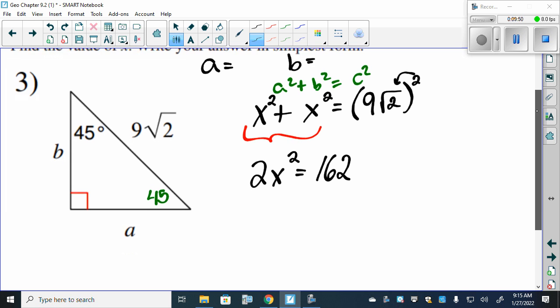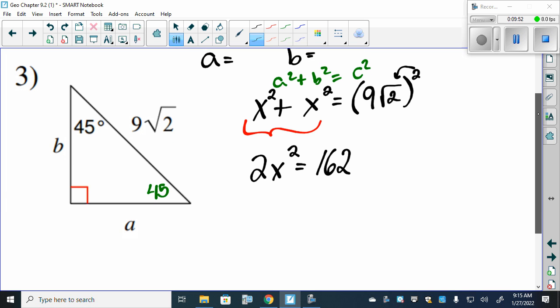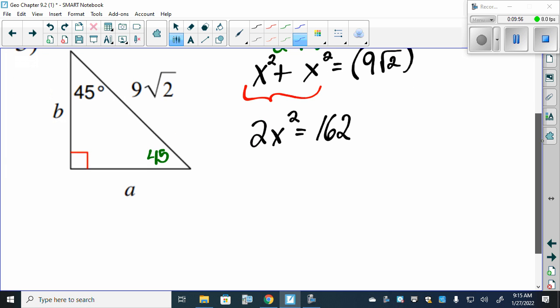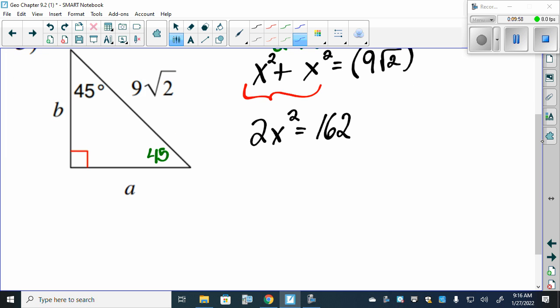Any other questions on this here? What would we need to do next? Almost. Is x squared by itself, though? So we need to divide both sides by 2, because before we square root both sides, we'll need x squared by itself. 81.